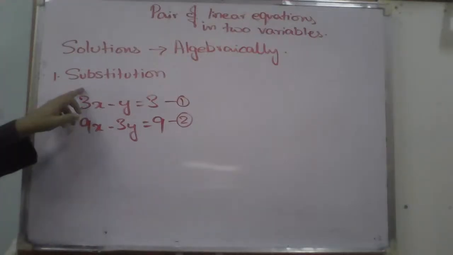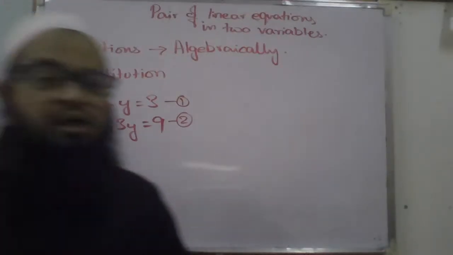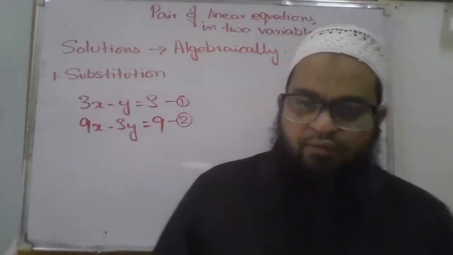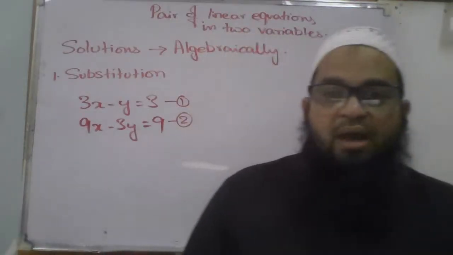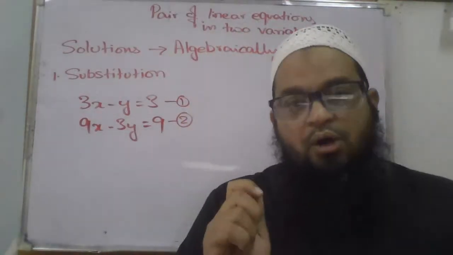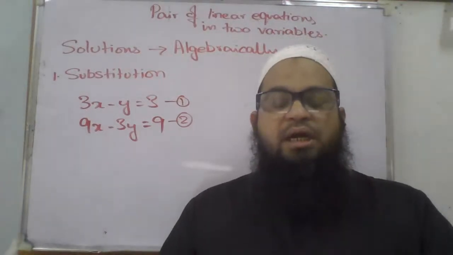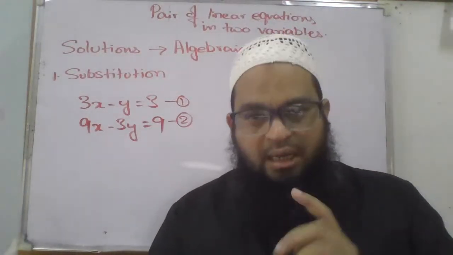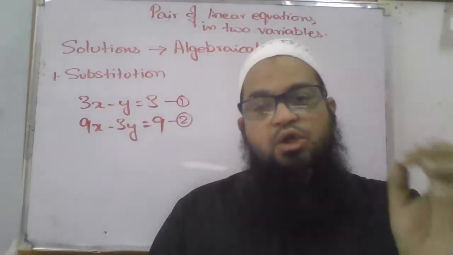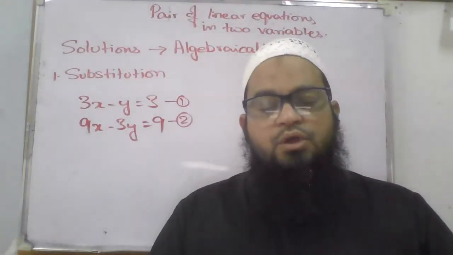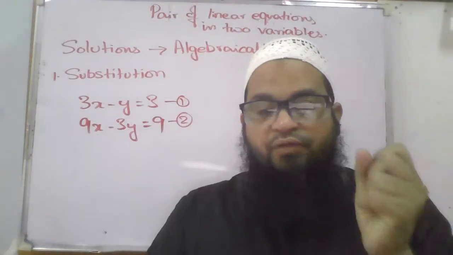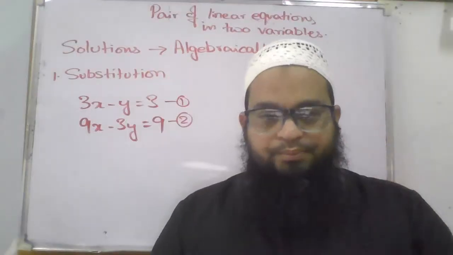Now whenever you are going with substitution method, I'll give you one easy idea, my dear students. Make sure that you select an equation where you have coefficient of either x or y as 1.